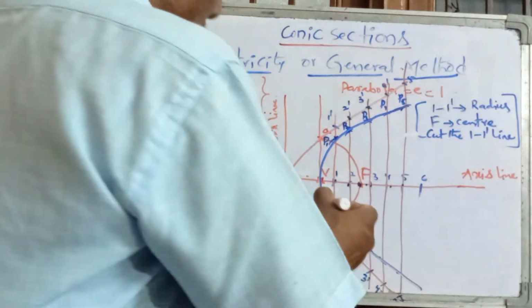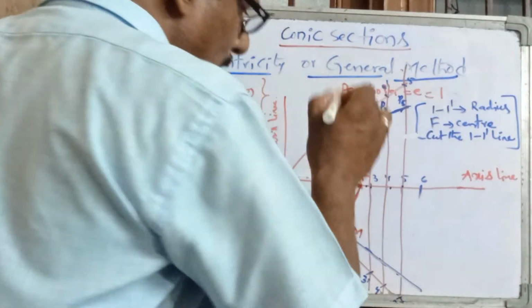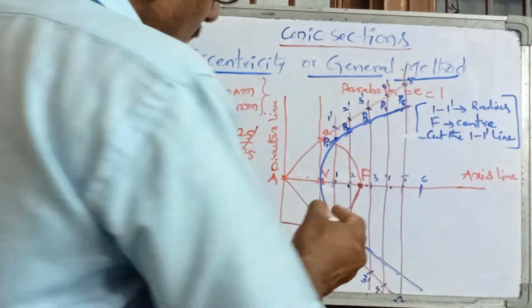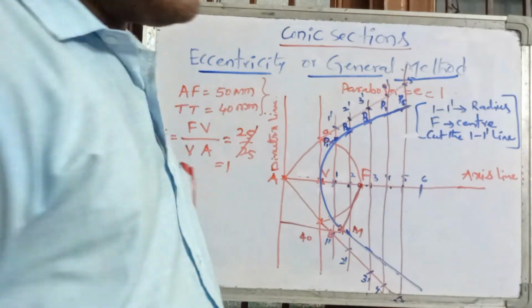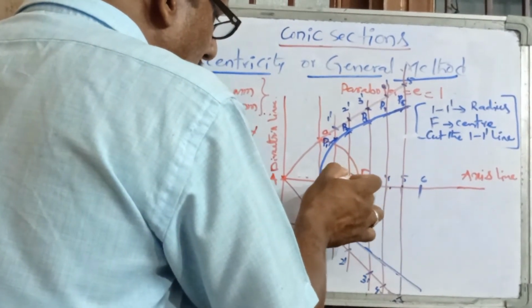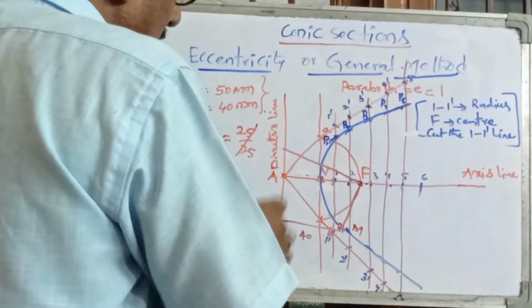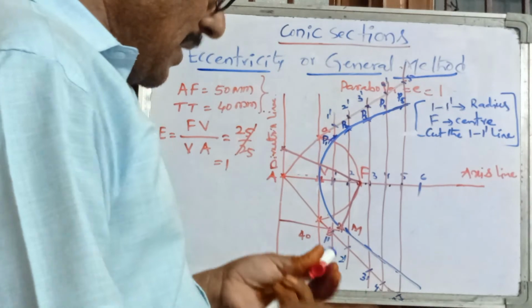Join this M point to the focus by a straight line. Join M point to F with a straight line. And draw a perpendicular line from the focus and extend it up to the directrix line, so it touches the directrix line.